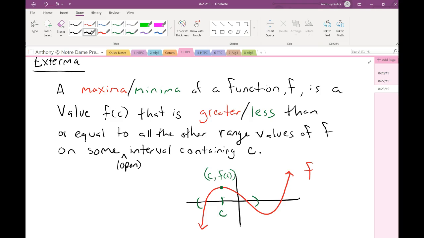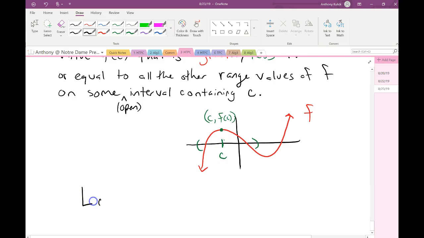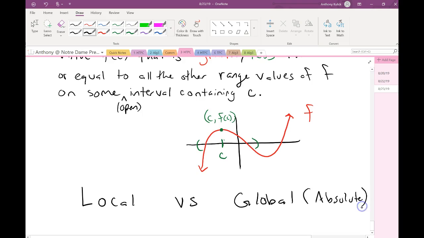Now, there's actually two kinds of maxima and minima. We have local, and then we have global. Sometimes people say absolute instead of global. They mean the same thing. So, a local maximum is like what we've drawn in the example above.